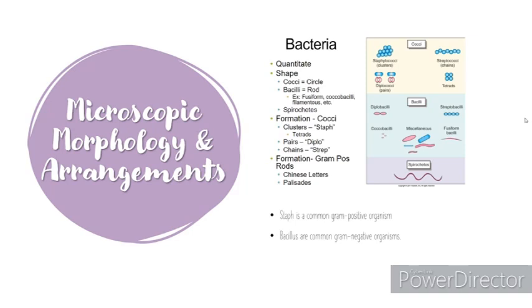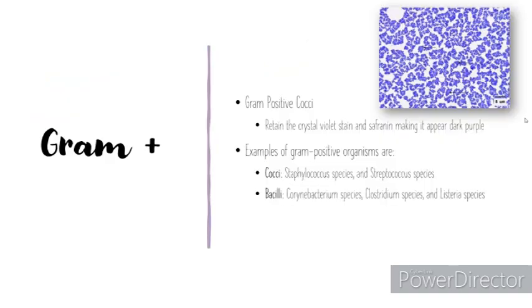Interesting, but it will definitely help you in describing your gram stain and truly capturing what you're seeing there. So staph is usually a common gram-positive organism, and bacilli are usually the common gram-negative organism, which is why in my demonstration video I used E. coli and I used Staph aureus. So they were prime examples for a gram stain.